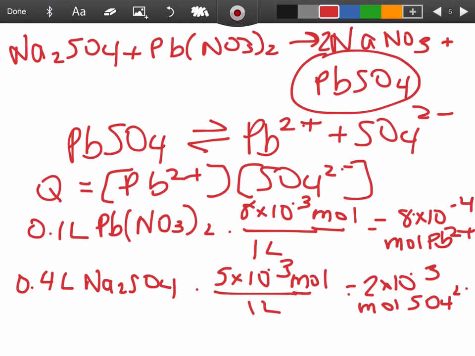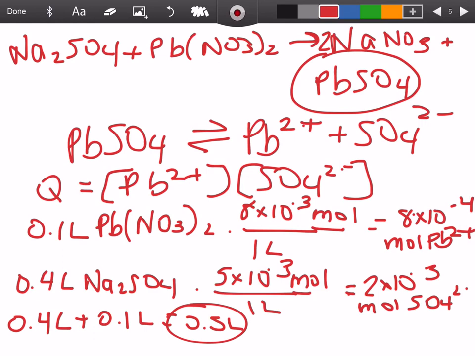Now that I have my moles, I'm mixing these two solutions together. To figure out the molarity of these ions, I need to add the volumes together. So I'm mixing 0.4 liters with 0.1 liters. These are additive volumes, so my total volume is 0.5 liters. To get these to molarity for each, I need to divide both of my moles by this 0.5 liters.